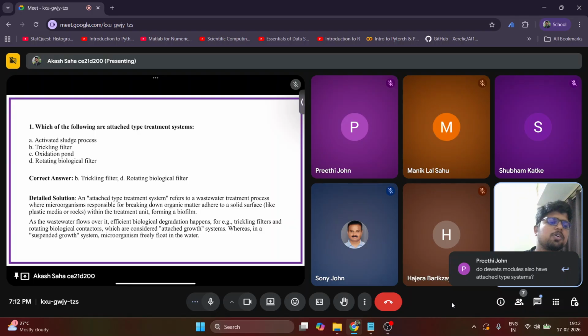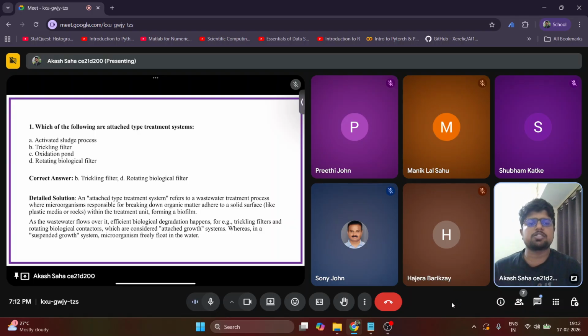Yeah, DWATS module can have both attached type or suspended type based on the use case. It doesn't mean that all DWATs will have suspended or attached growth. It can have a combination. DWATs is nothing but decentralized systems.